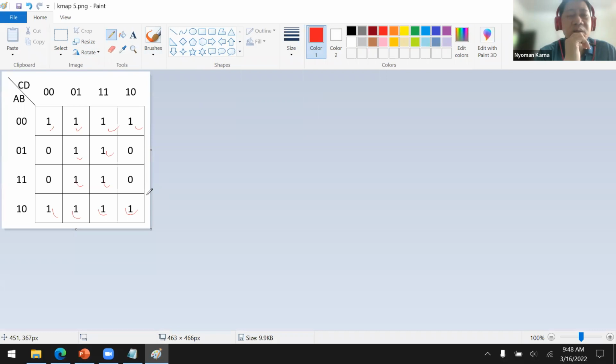Can we create a big group? Yes. Let's try to start from here. How can we create a bigger group? Okay, we can create by using this. Can we make it bigger? Yes, actually, because this side is adjacent to this side. So we can create a bigger group like this.